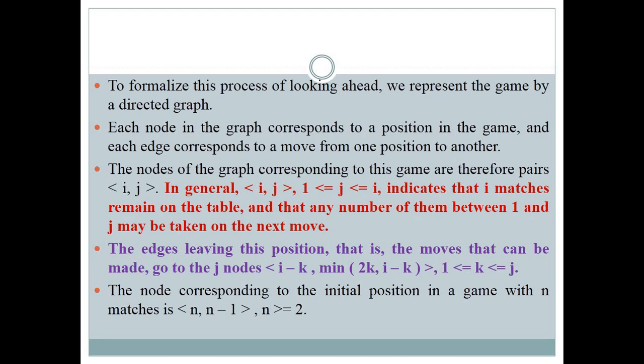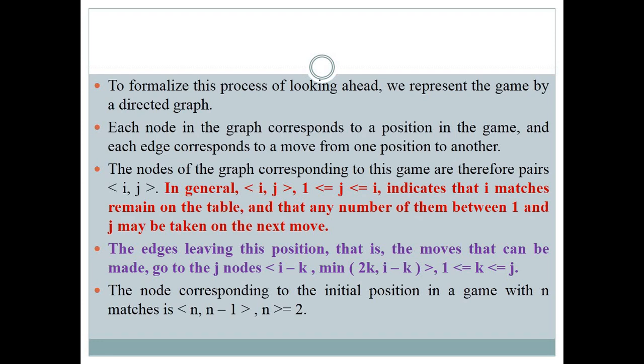In general, the node (i, j), with j less than or equal to i, indicates that i matches remain on the table and that any number between 1 and j may be taken on the next move.